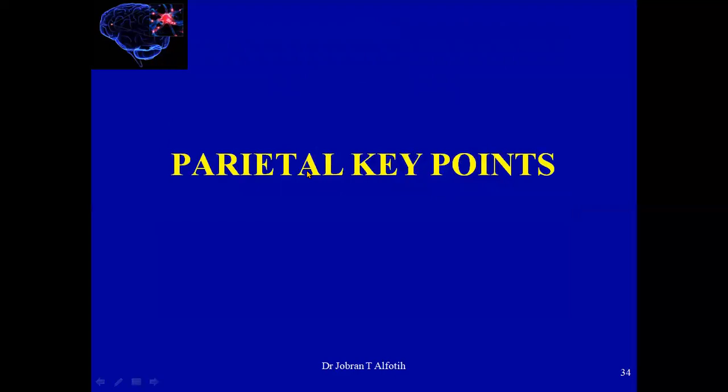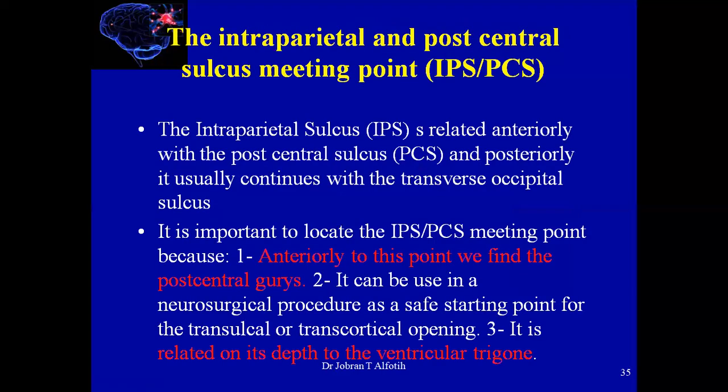Now we're coming to the parietal key points. So we have the intraparietal and postcentral sulcus meeting point, IPS and PCS. The intraparietal sulcus is related anteriorly with the postcentral sulcus and posteriorly with the transverse occipital sulcus.